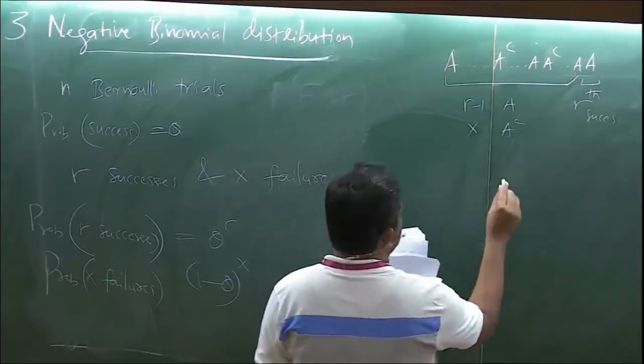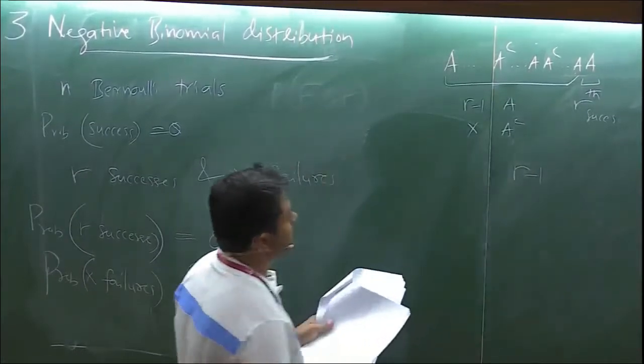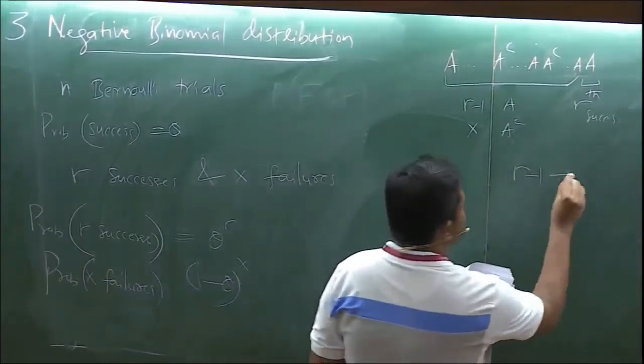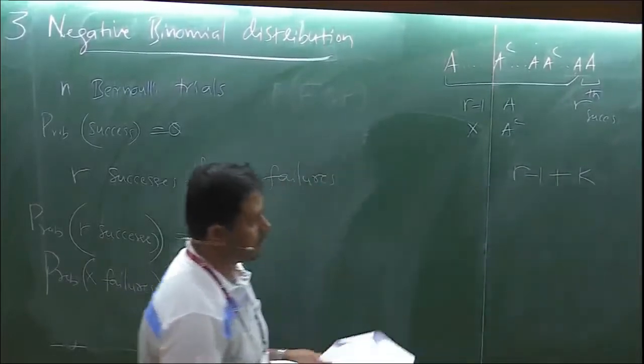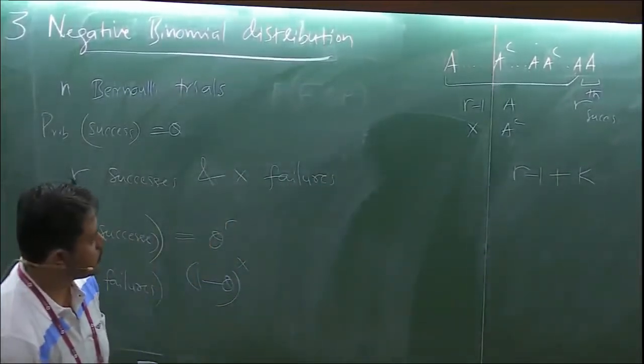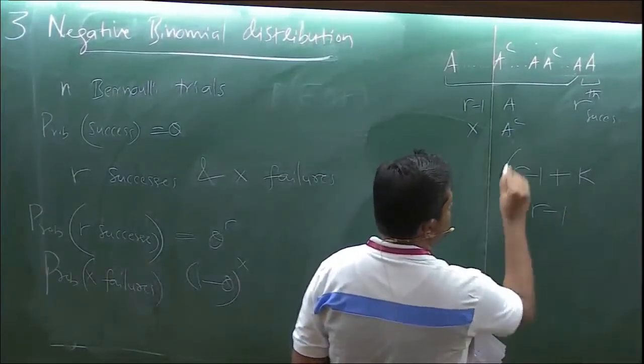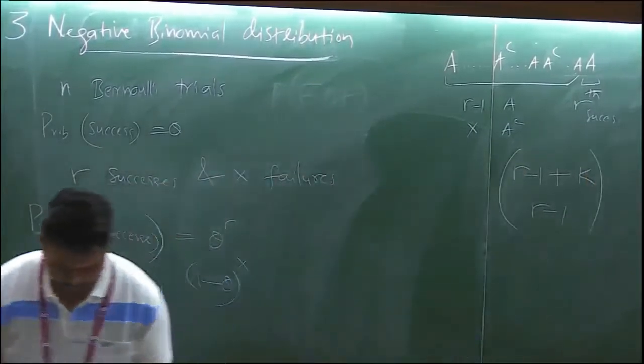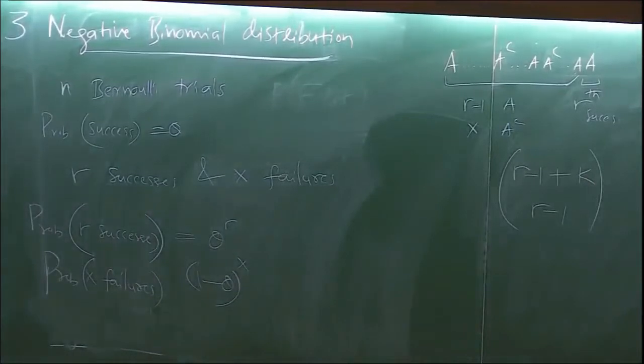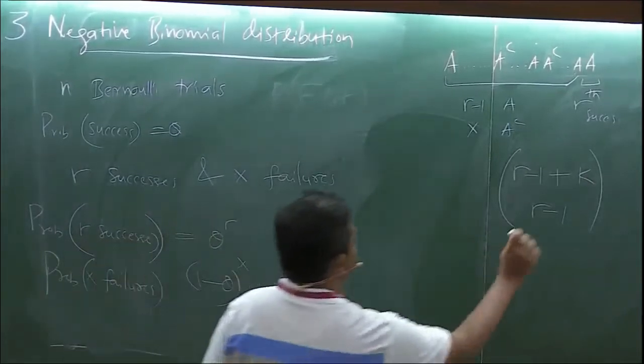I mean, that's easy to write. Right? So there are R minus 1 successes and there are X failures. So there are a total of R minus 1 plus X events to choose from. And then you want to find out how many ways can I choose R minus 1. So that's just this.